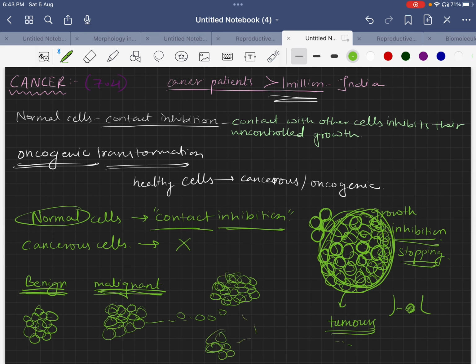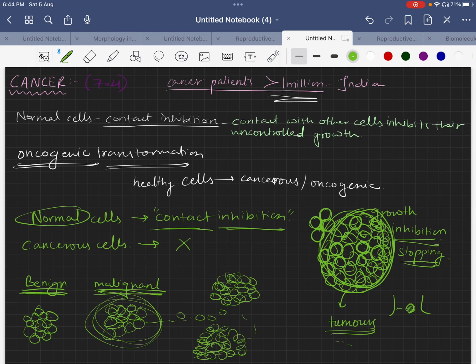So from this single tumor, malignant tumors can spread all over the body. The malignant tumors, on the other hand, are a mass of proliferating cells called neoplastic or tumor cells.